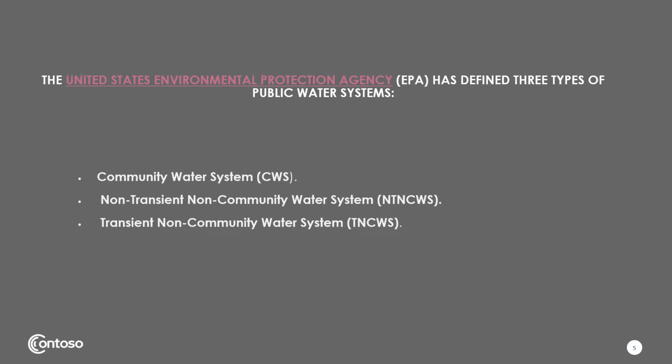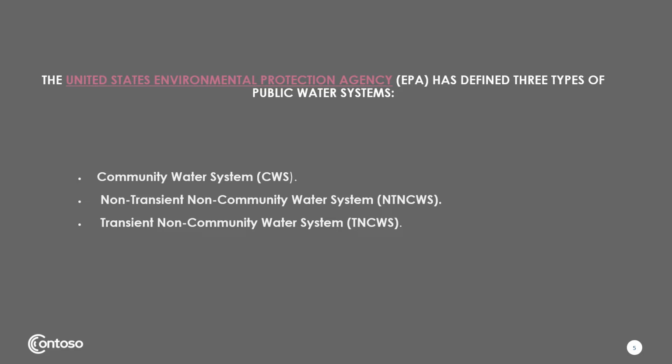And the third one is transient non-community water system. And for the definition, CWS is a water system that supplies water to the same population year-round. And for the NTNCWS, it is a system that regularly supplies water to at least 25 of the same people at least 6 months per year.